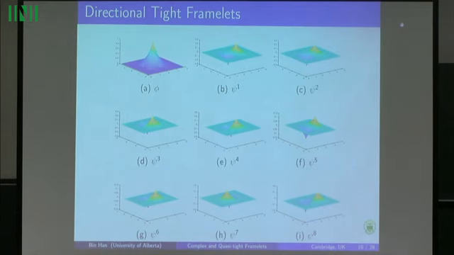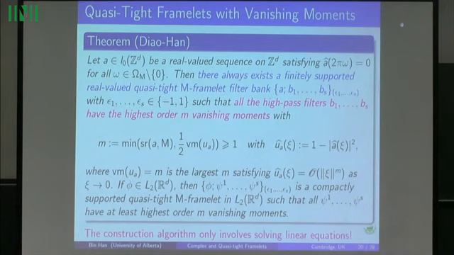Okay. So the next one is if you are going to try to achieve the vanishing moments. The same phenomenon here. From any refinement functions and from any dimension matrix, you can always construct a quasi-tight framelet with the highest order of vanishing moments.